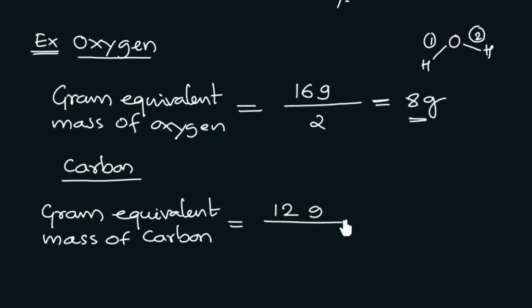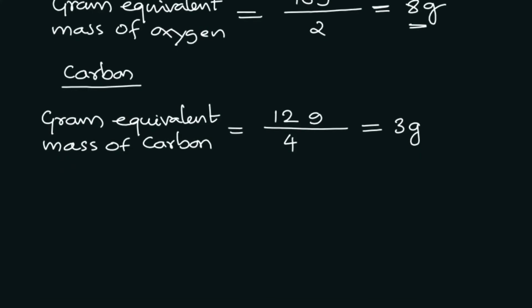Carbon can combine with 4 atoms. It can form 4 bonds. Therefore, I'm going to write here 4. The valency of carbon is 4. That's equal to 3 grams. Okay, 12 divided by 4 is 3 grams, the equivalent mass of carbon. Okay, so like that we can list many examples here.